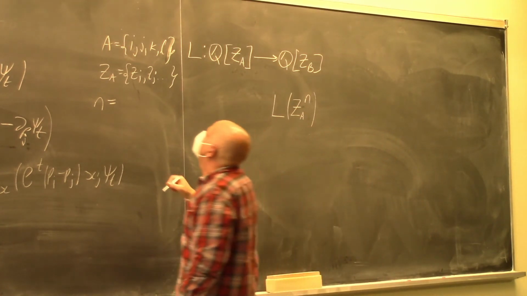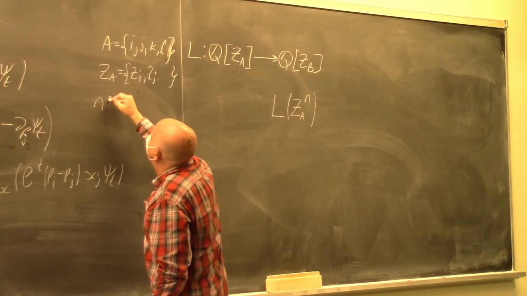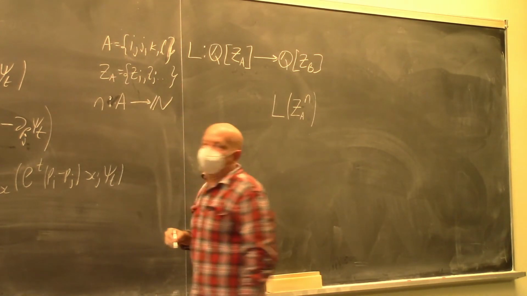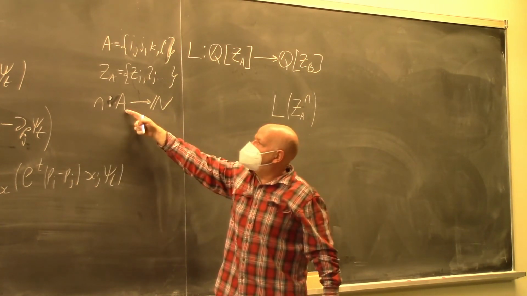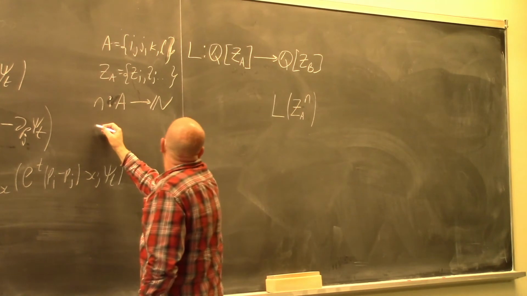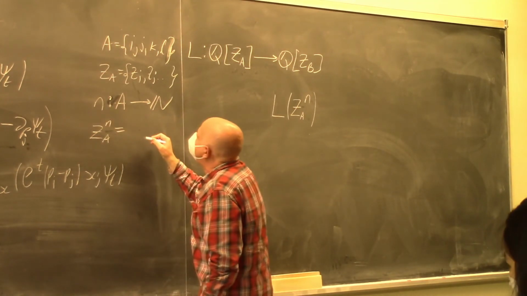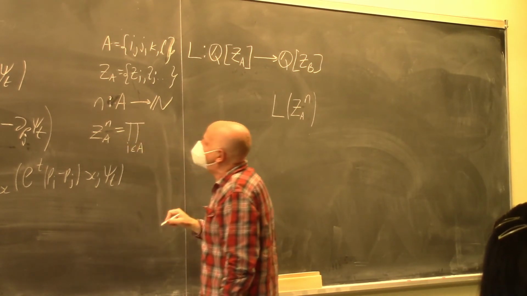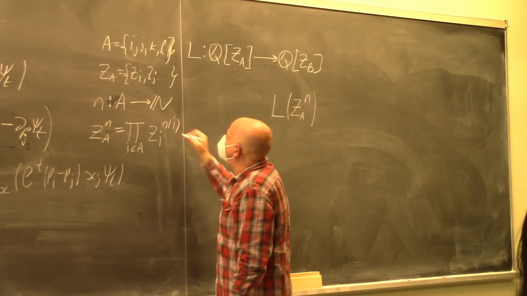A different way to say it is that n is really a function from the set A into the natural numbers, which tells you for which variable which power it is. And then when I write ZA to the n, what I really mean is the product over all indices in A of the variable Zi to the power ni.